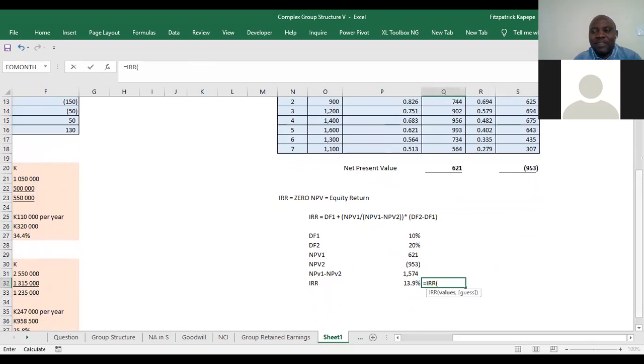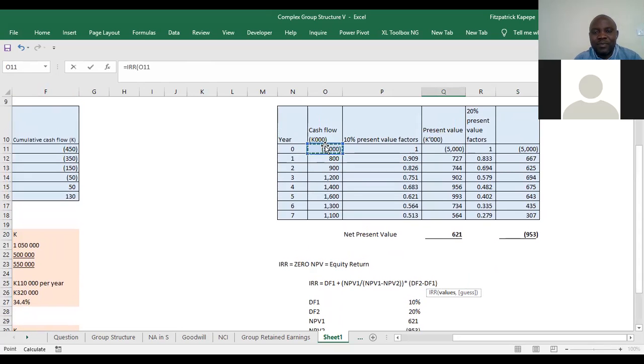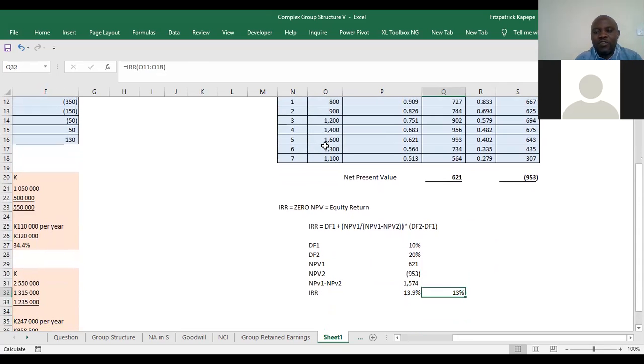Then I push in the values, which are present values, from here. It would give me that. That's very accurate. But using the formula it is 13.9, so I'll leave it at 13.9. So this is how you calculate your internal rate of return. So let's just go to the notes.